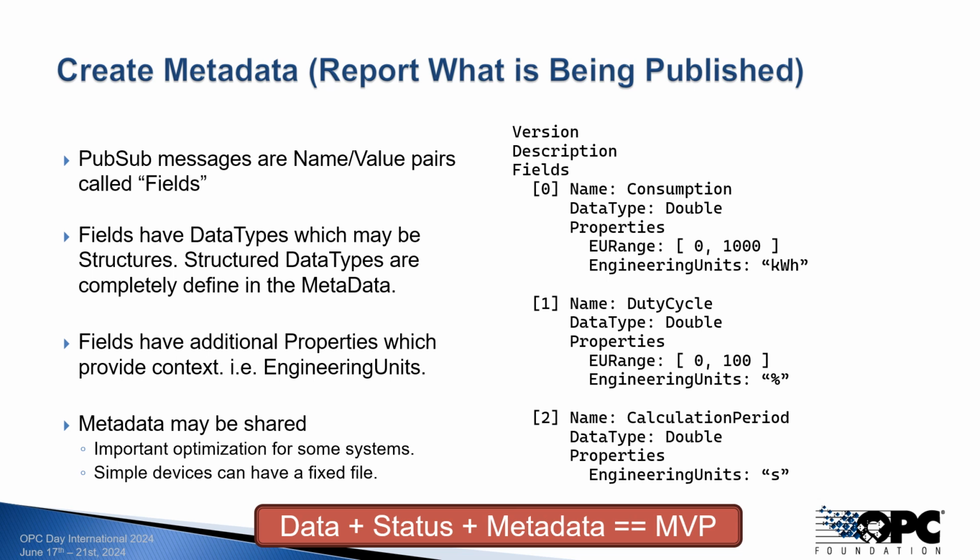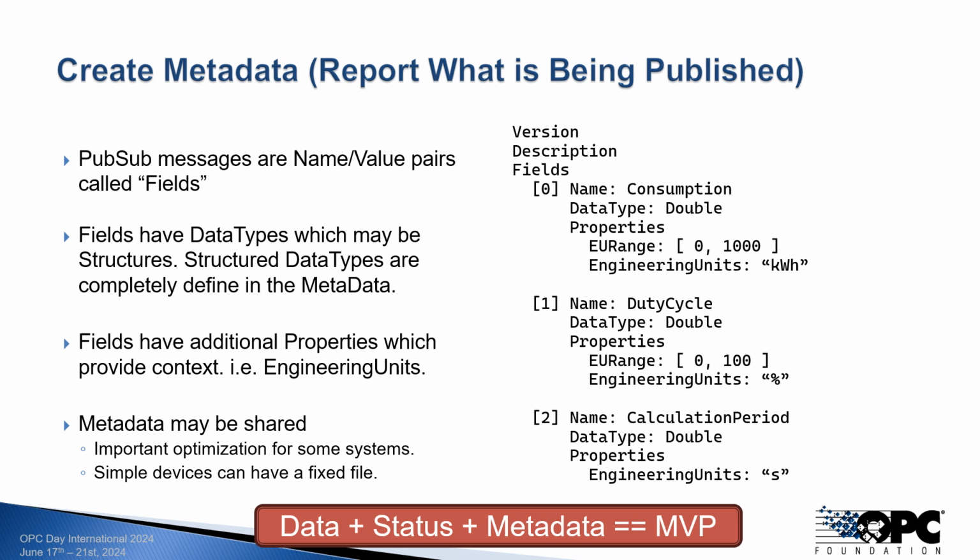So engineering units is standard, EU range is standard. We've got standard properties to represent labels that are attached to numeric values, labels that are attached to Boolean values, and so these kinds of properties can be attached to any individual field to provide important context that is needed to properly interpret the data that's in the messages that's getting sent out.